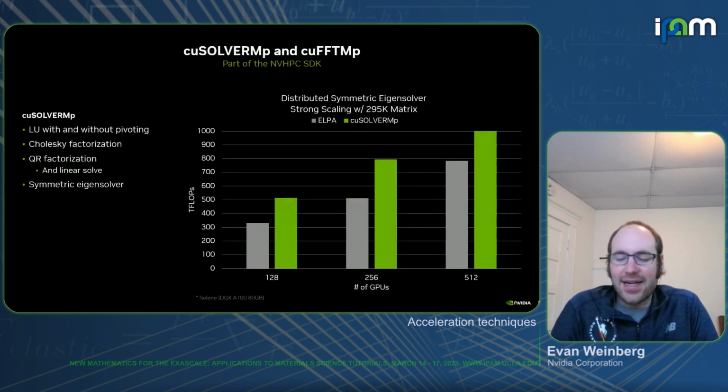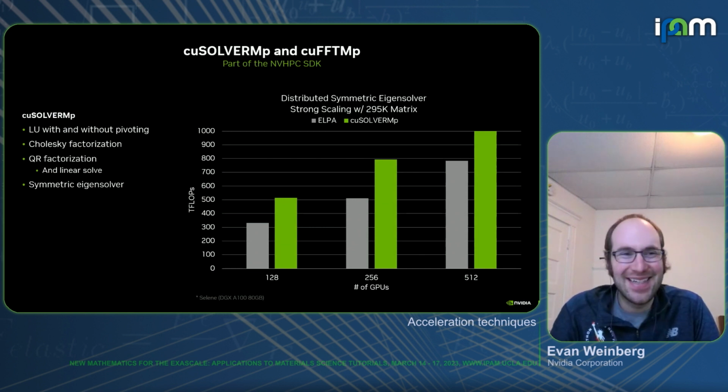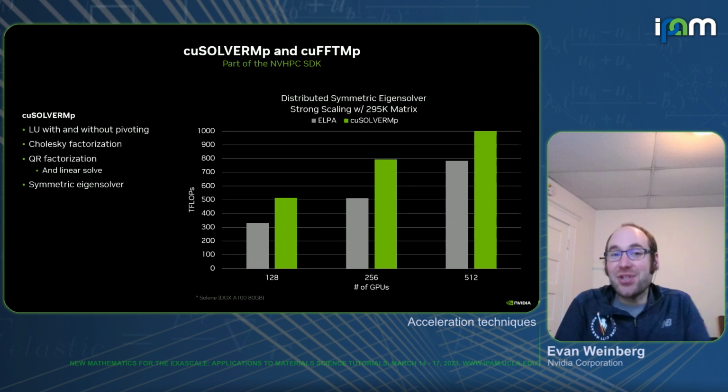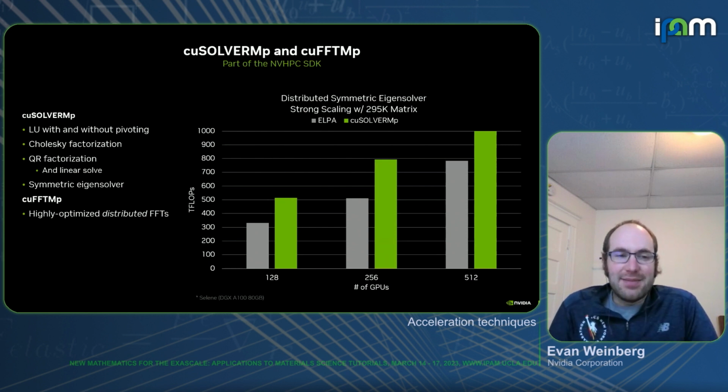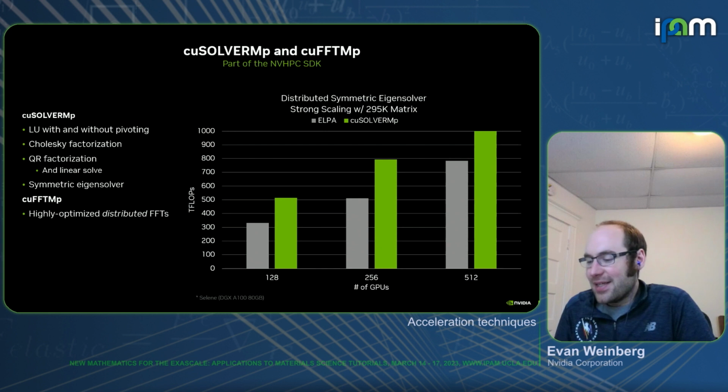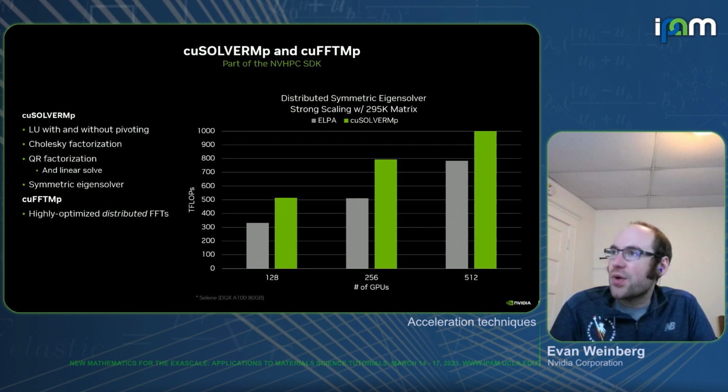And the last cool thing, and then I swear I'm done with NVIDIA specific stuff, I promise, is good libraries for distributed dense solves, symmetric eigensolvers, different factorizations, and then distributed FFTs. So one cool thing I'll say, though, is, yes, we're developing our own. Why are we developing our own?